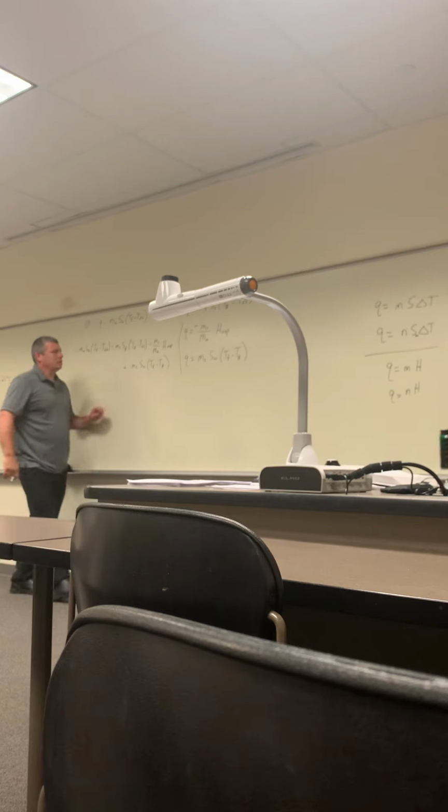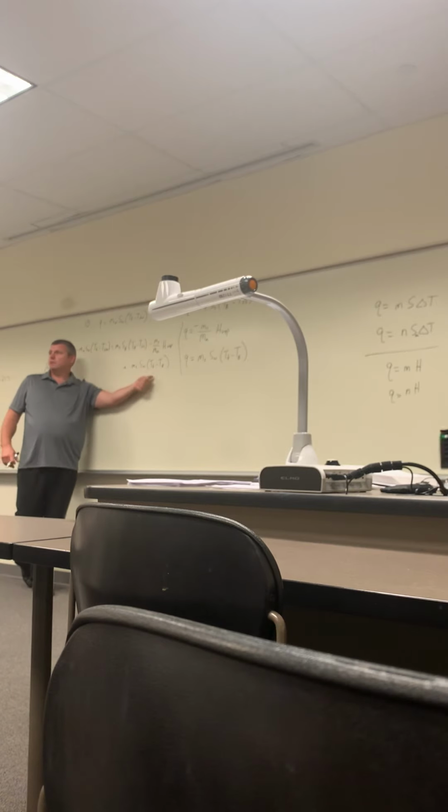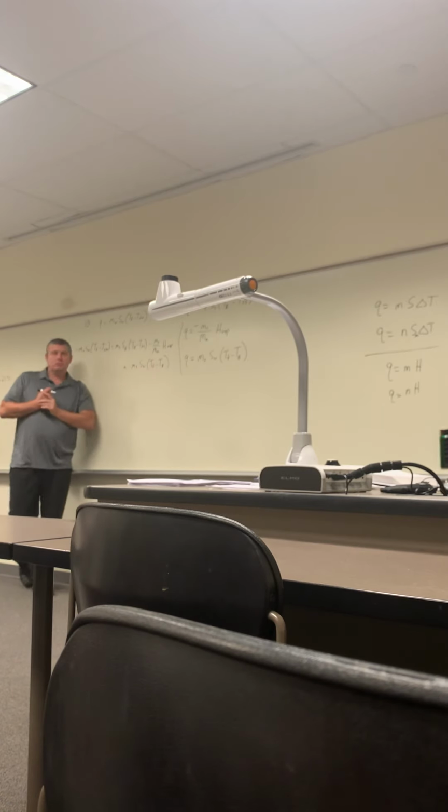And now what am I going to solve that for? What am I looking for in this problem? Mass of the steam, and this one's fairly nice. I can factor mass of steam out of all three terms, and just divide by the difference.